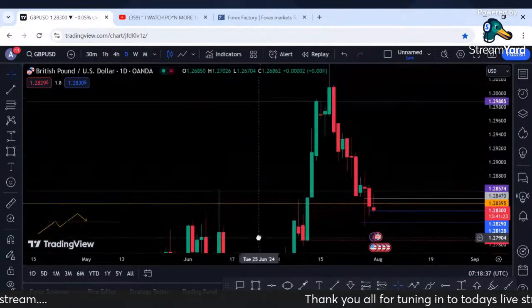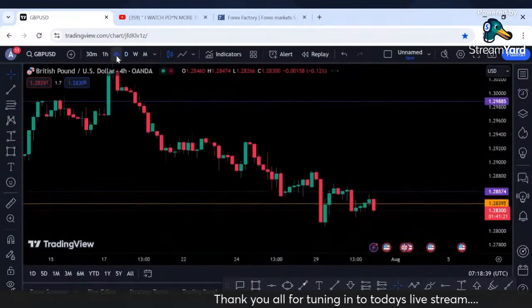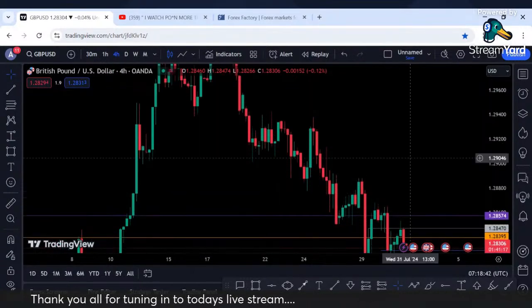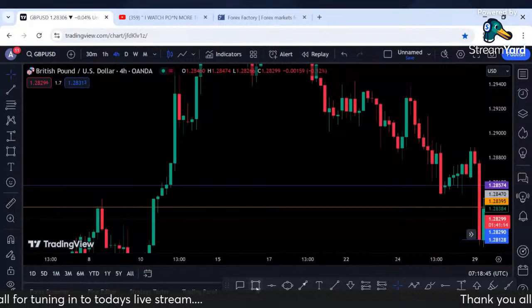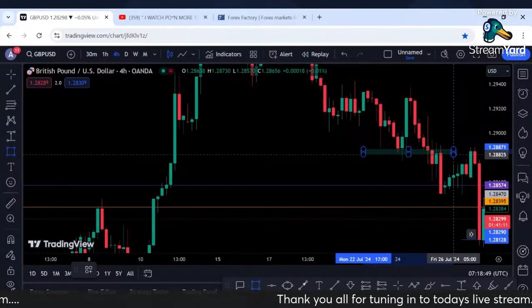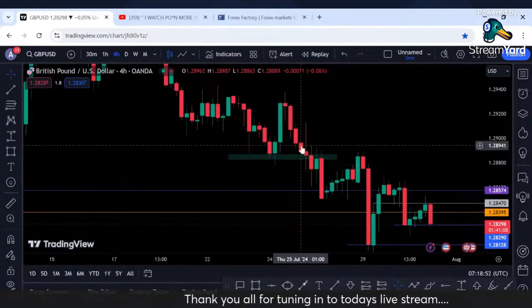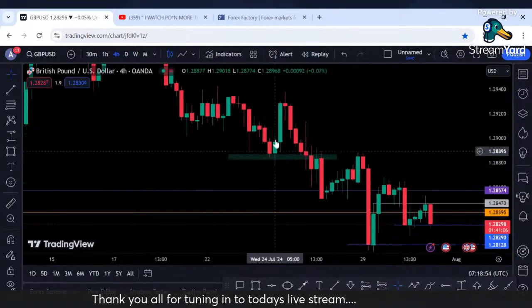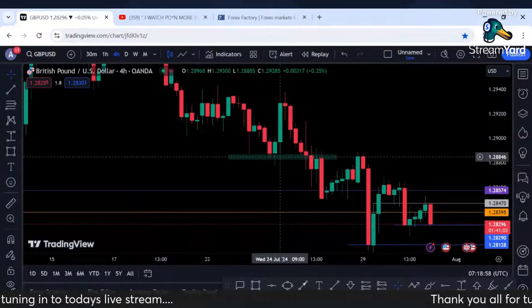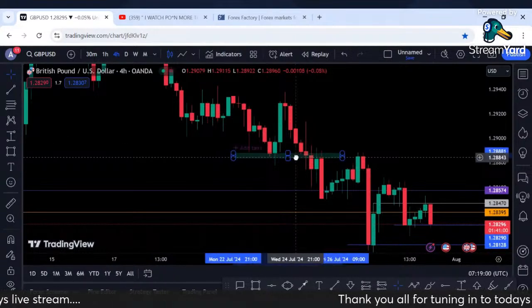Let me check the H4 time frame. So you see last Thursday, this was a setup. The market broke over here, changed direction to an uptrend, and retested, coming back to the same area.